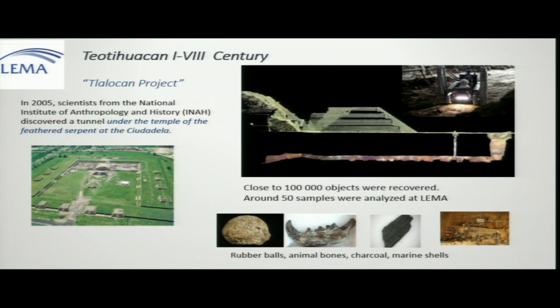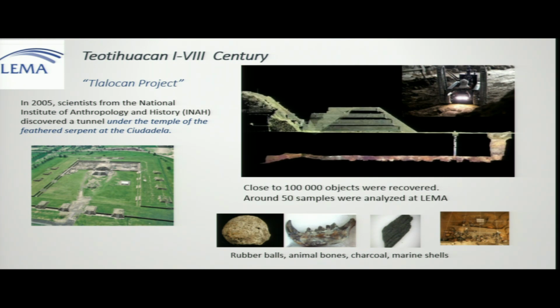Another very interesting project that we are collaborating in is the Teotihuacan Project. In 2005, scientists from the National Institute of Anthropology and History discovered a tunnel underneath the Temple of the Feathered Serpent at the Citadel in Teotihuacan.